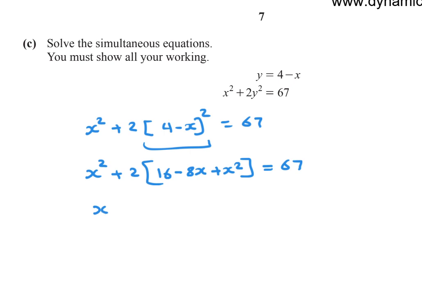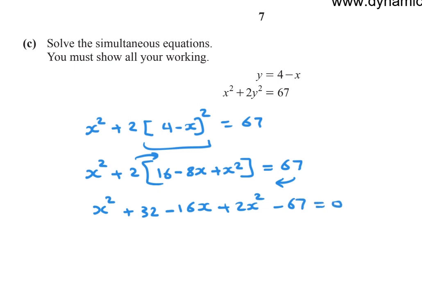Now simplify the left hand side, x squared. Now multiply 2 by the bracket, so 2 times 16 is 32, 2 times negative 8x is negative 16x, 2 times x squared, so 2x squared, and transpose 67 to the other side by negative, so minus 67 equals 0.